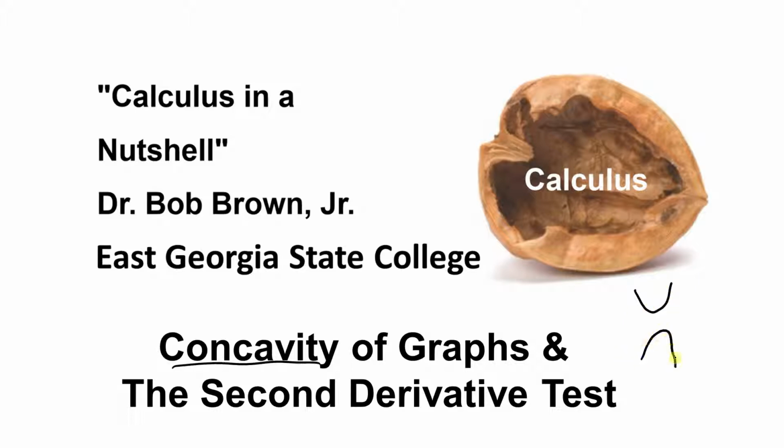If it's concave down, it'll look like this. And we're going to use the idea of concavity, which is related to the second derivative, to come up with a way of finding where a function has minima and maxima.